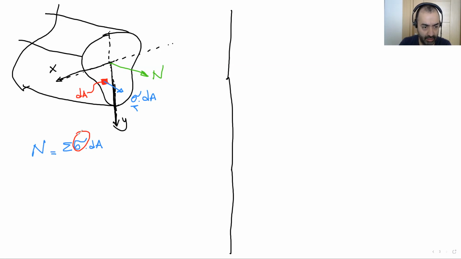We can take this out, and it equals sigma times the total area, A. Instead of dA, I can write the total area.